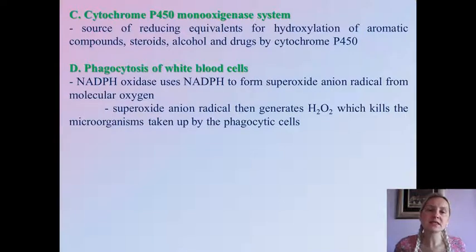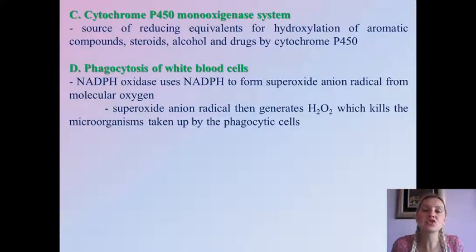Apart from this, NADPH is involved in the phagocytosis process, and NADPH oxidase actually uses NADPH to form superoxide anion radical from molecular oxygen. Why is that so important in phagocytic cells? Because superoxide anion radical then generates hydrogen peroxide, which you saw from the previous figure.